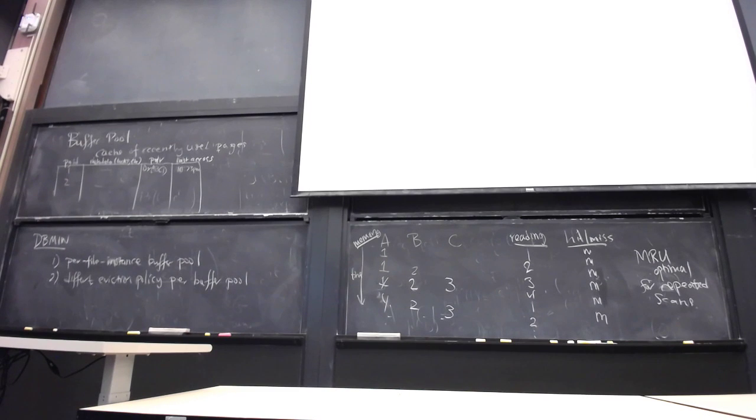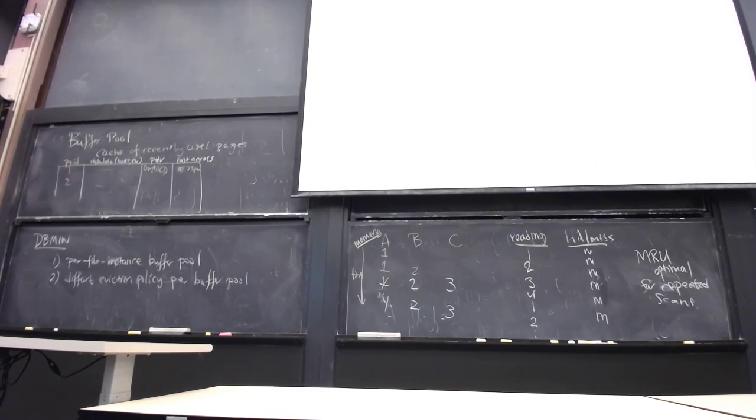Okay, so rather than having one global buffer pool, what we say in this DBMin algorithm is that for any file that's being accessed by any query, for each instance of an access like this, we'll allocate a collection of pages for that specific file access.